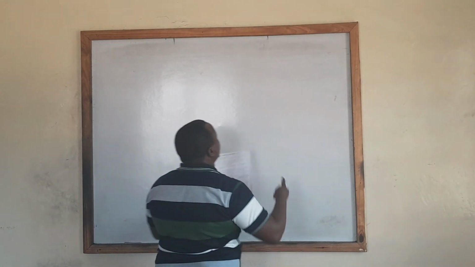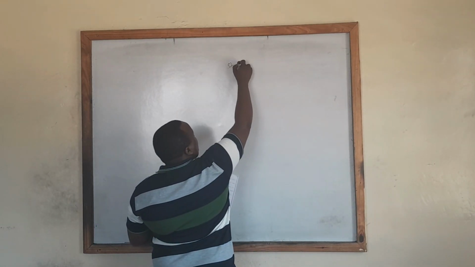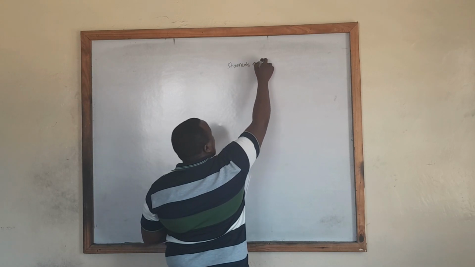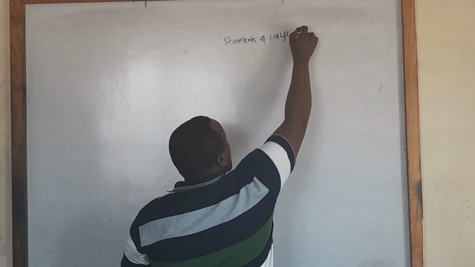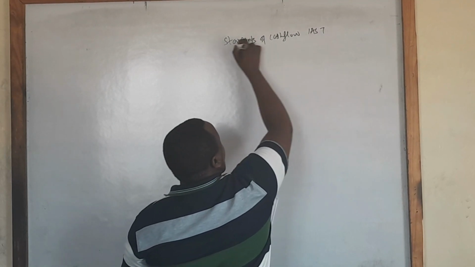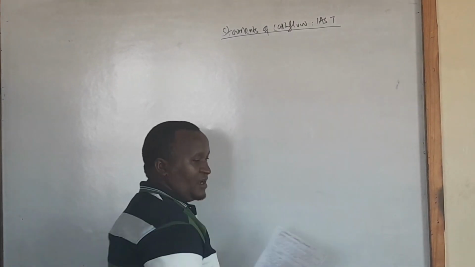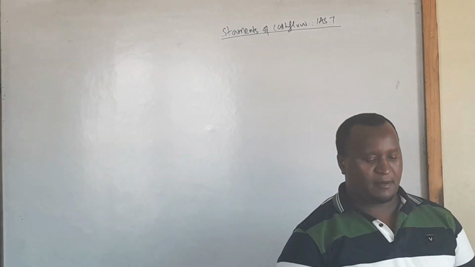Statement of cash flows. That one is IAS number 7, International Accounting Standard number 7.